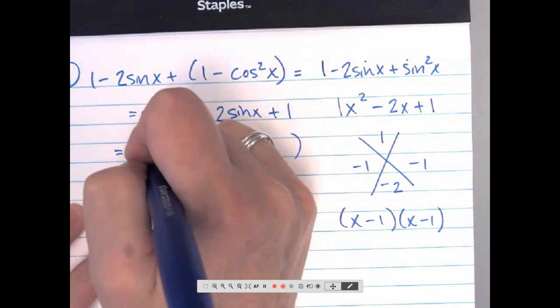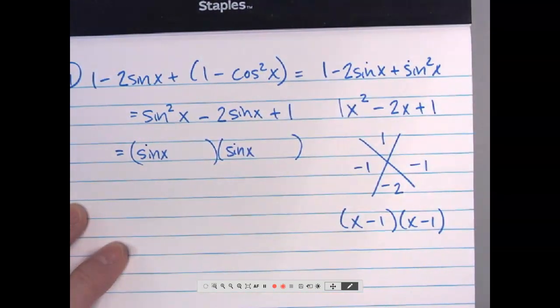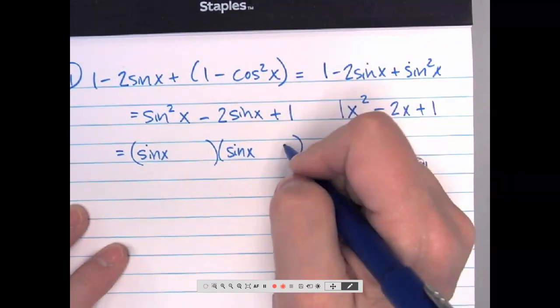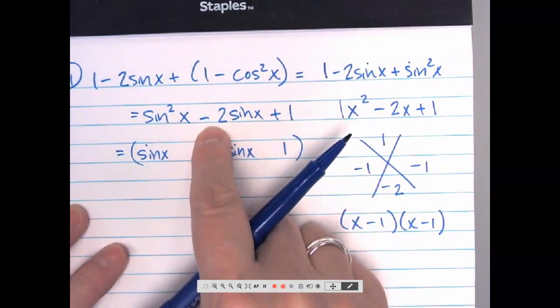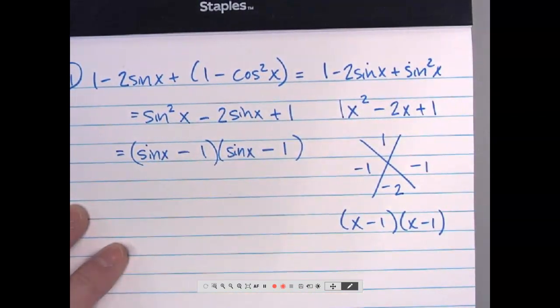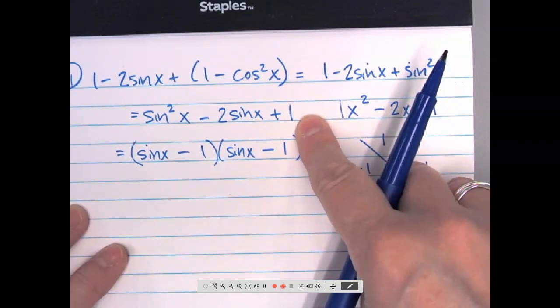I'd have to multiply sine times sine. And then I go to the 1. What two things would I multiply to get 1? A 1 and a 1. How on earth can I get a negative 2 sine in the middle there? If both of these are minus. And then a negative 1 times a negative 1 would give me a positive 1 there.